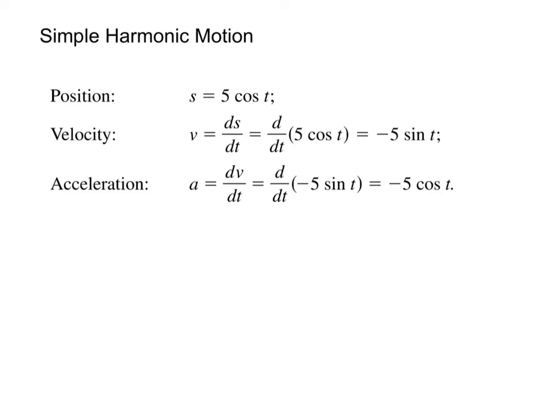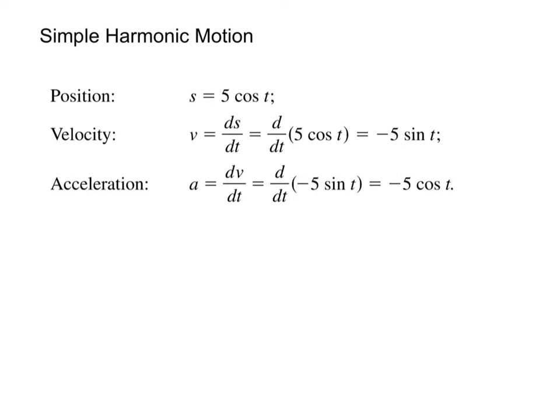So if we had a position that was described as s here, where we have 5 cosine of t, right? The velocity is just the derivative of that position function. Like always, velocity is just the rate of change of position. How fast is the position changing? So we know that always velocity is the derivative of position.